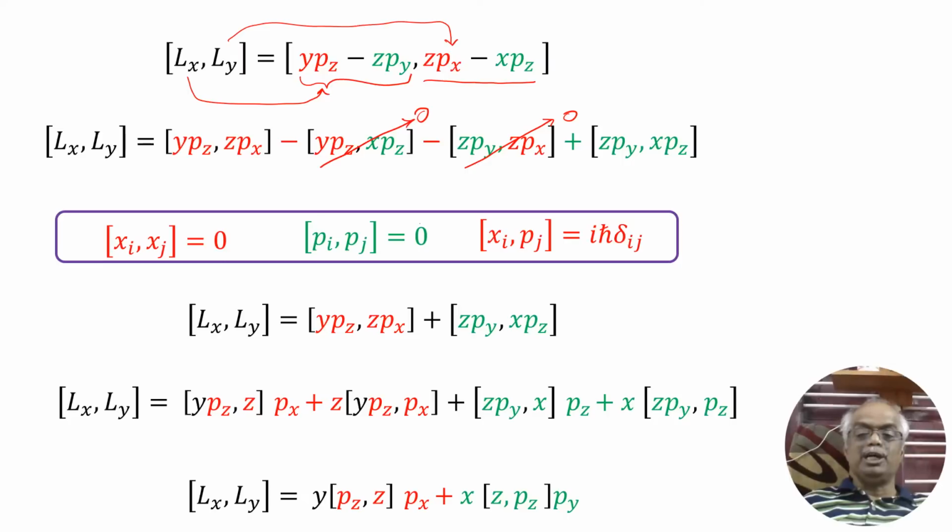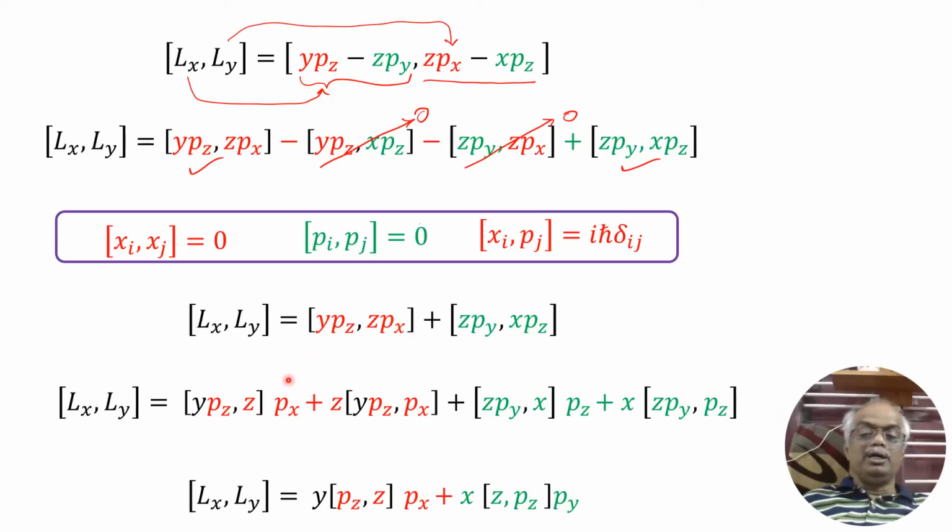The x component of momentum will commute with the y component of momentum, and naturally the x component of momentum will commute with the z component. It will not commute only in the same component, so this will be 0. Then what about the fourth term? You have pz here, you have z here, so this will not commute. You take the first one as well as the last one, because they will not commute. So I have taken the first one and the last one.